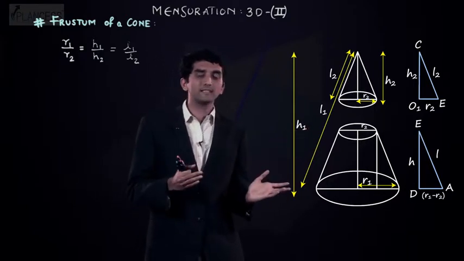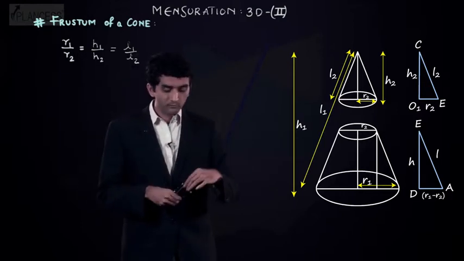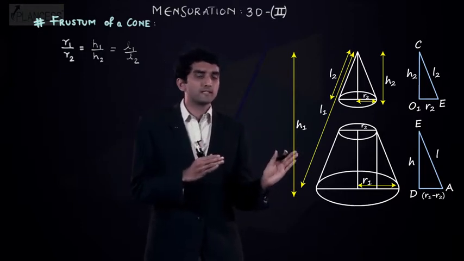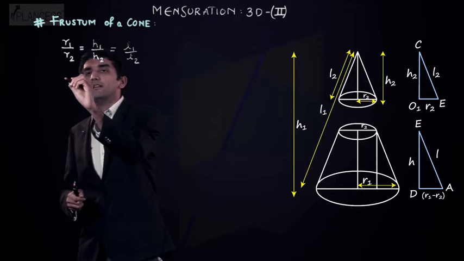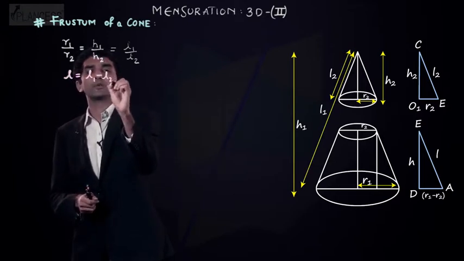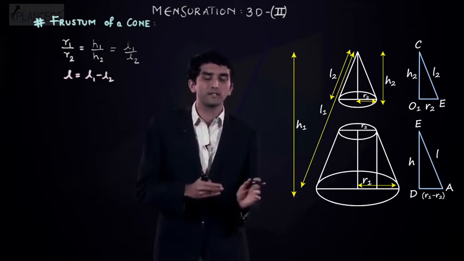So these are the three things that we already know about the frustum. So we can clearly understand from this that the slant height of this particular frustum L is nothing but L1 minus L2. This is one thing that we can directly understand from this particular thing.